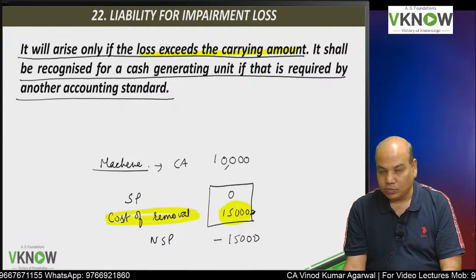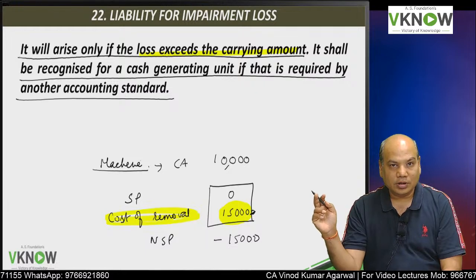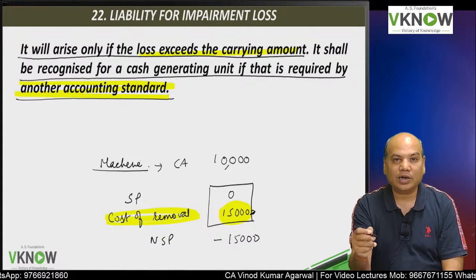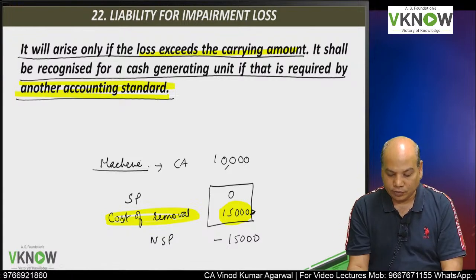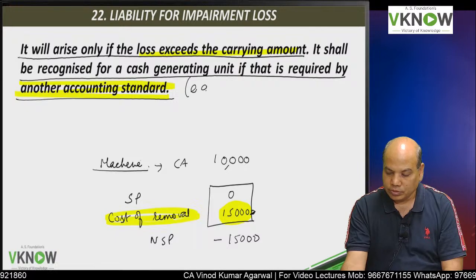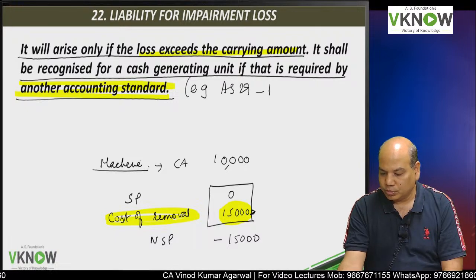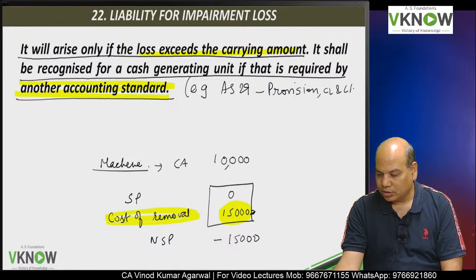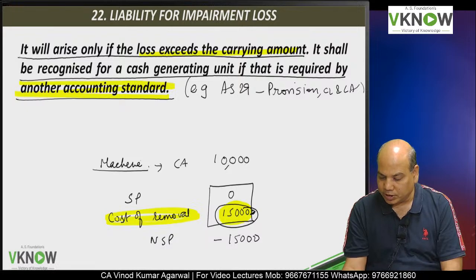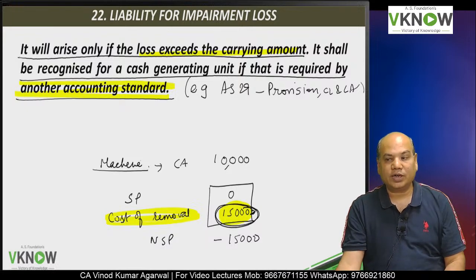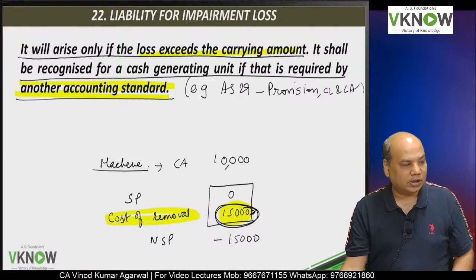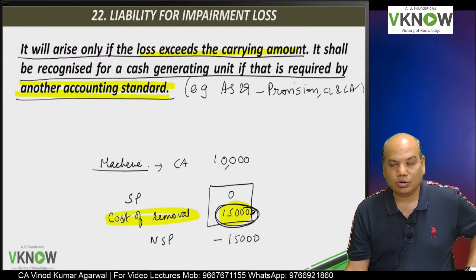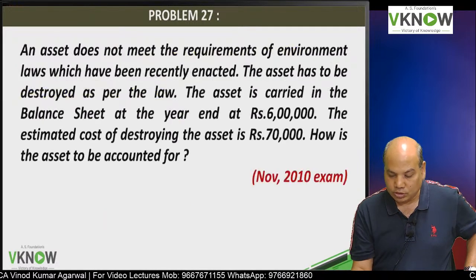If there is a present obligation to provide for this liability, then I will provide for it if required by any other accounting standard, for example AS 29, provisions, contingent liability and contingent asset. If this is a present obligation to remove or dismantle that asset, then the entity might have to make a provision for dismantling cost or removal cost.